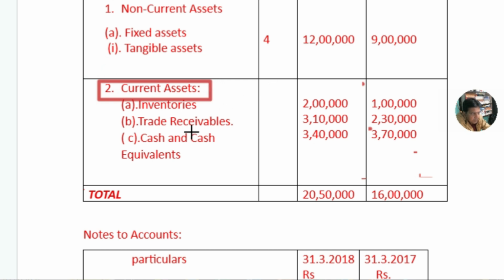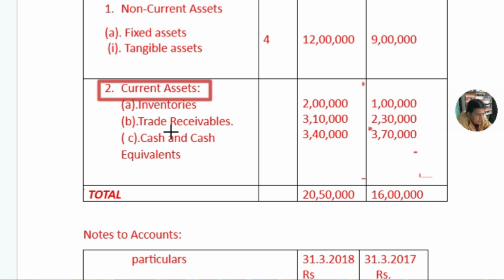Then next, current assets. Except cash and cash equivalent, inventories and trade receivables, these two items are to be transferred under the operating activities, and cash equivalent, which is equal to the cash amount, will be transferred at the bottom of the solution.